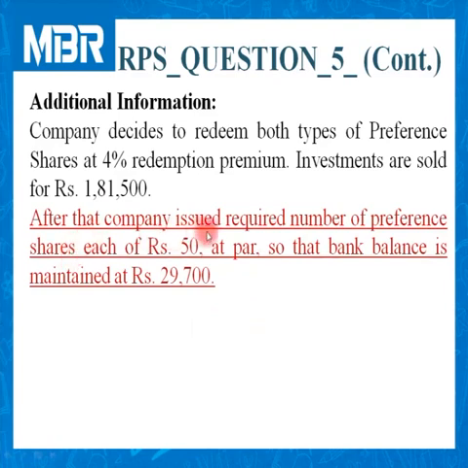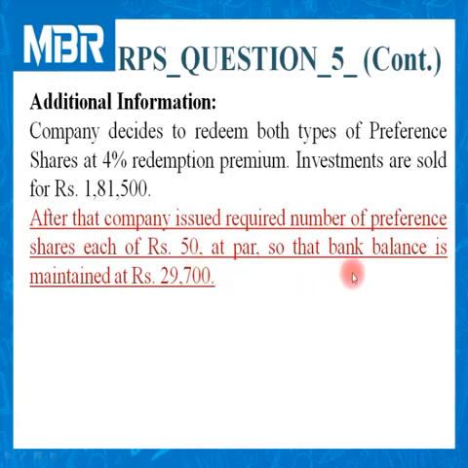After that, the company issued the required number of preference shares, each of rupees 50 at par, means at face value, so that bank balance is maintained at rupees 29,700. Same as a previous question. Here, the number of shares issued by the company is not given. That we need to calculate on our own.